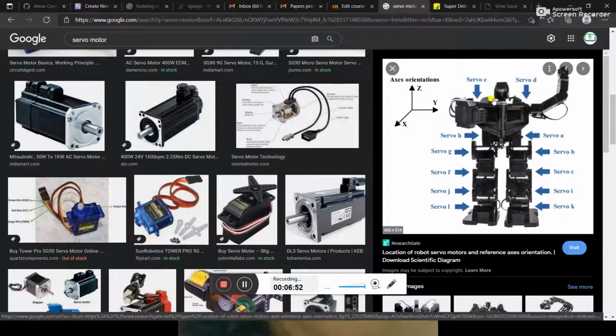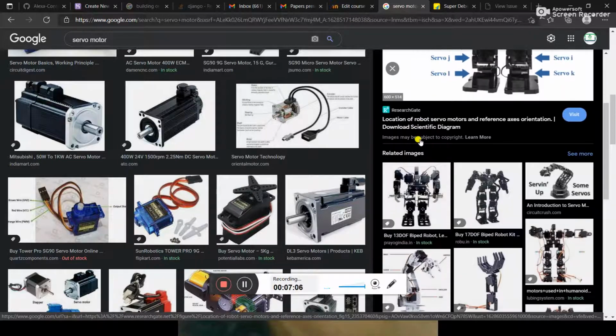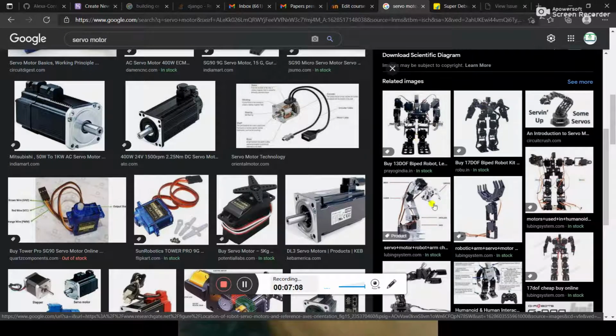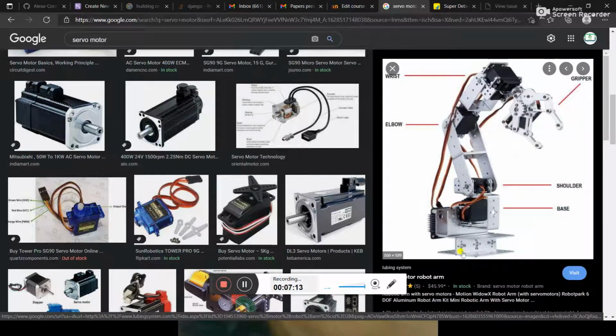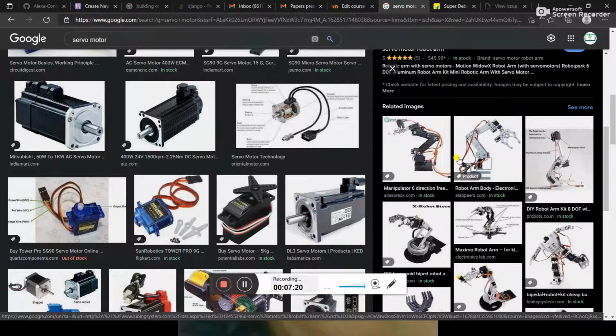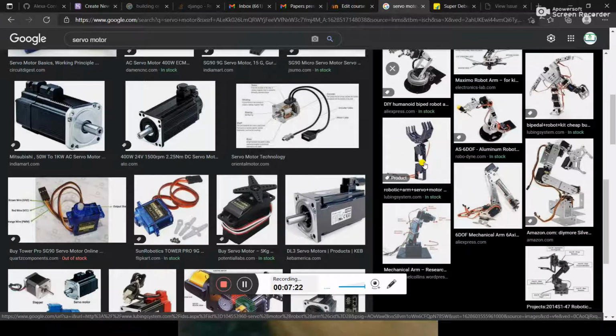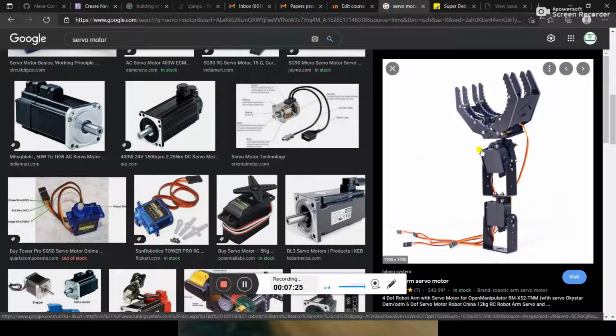You can make your own project using the servo motor. Here you can see many arms of a robot, and these arms are generally used with servo motors. In many types of robotic arms you can find servo motors attached.